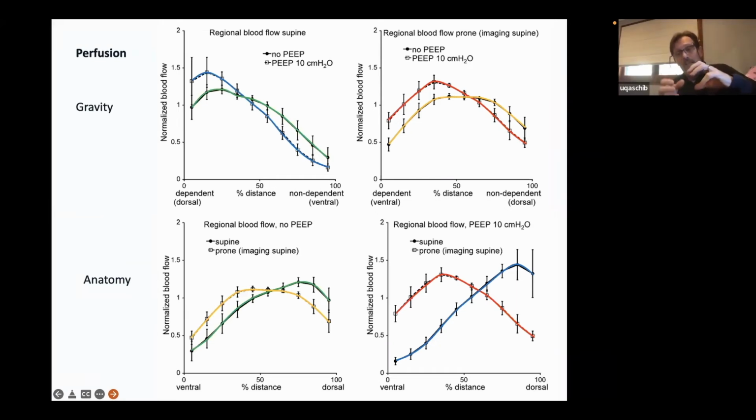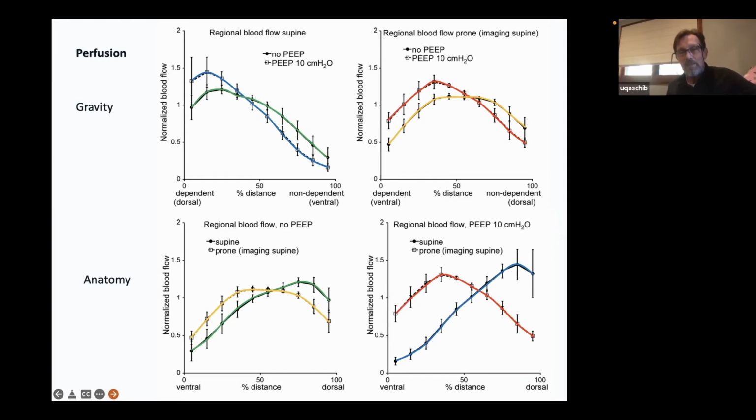So if we combine ventilation and perfusion, as soon as we start opening parts of the lung, we get a redirection of perfusion into these parts, because the resistance or the hypoxic vasoconstriction within these areas is reduced, and we likely get better perfusion. But it follows gravity on top of it. Now on the right upper panel, in prone position, the red line is 10 PEEP and the yellow line is 0 PEEP.